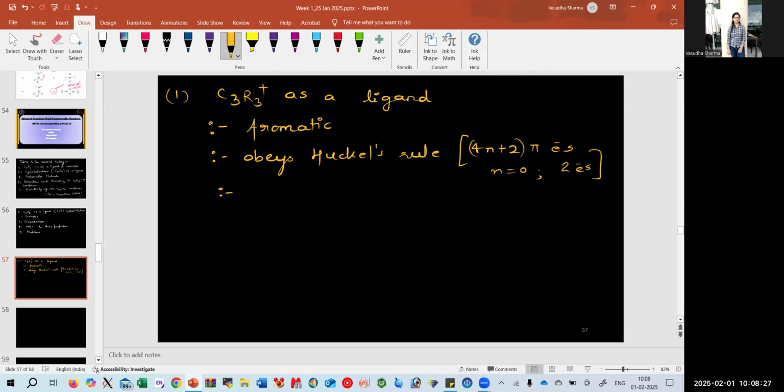And this was first synthesized in 1957 by Breslow.